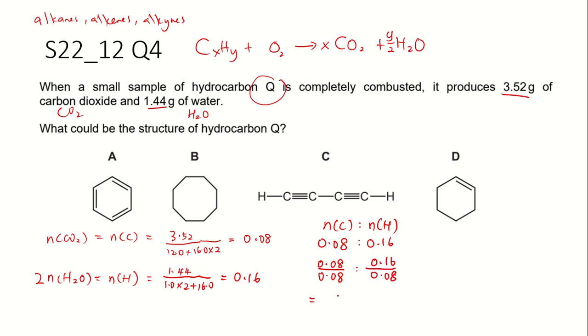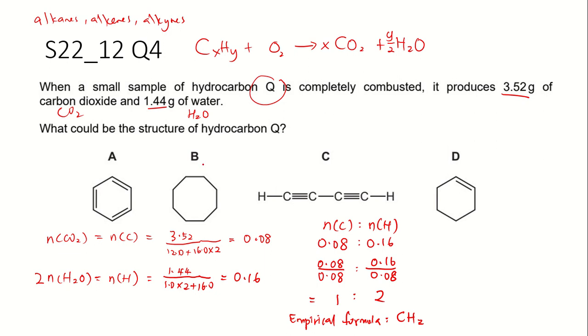That will give us 1 to 2. Now, what do we do with this ratio? This ratio will help us to get the empirical formula of the hydrocarbon, which is CH2, 1C, 2H.